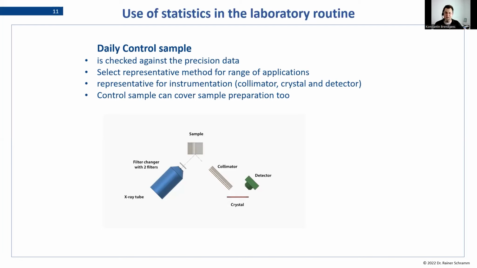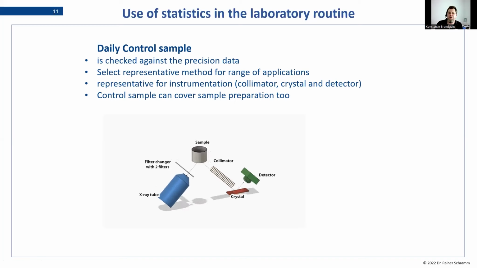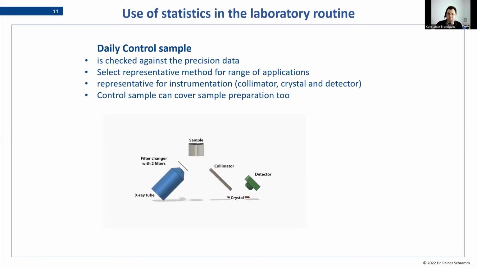So the thing is, we want to make a measurement today and predict the future, basically. And that's why we use statistics. So a control sample here is a very good way to approach this in a practical way. We choose a control sample that we measure regularly, and we check it against the precision data that we obtained in the past.